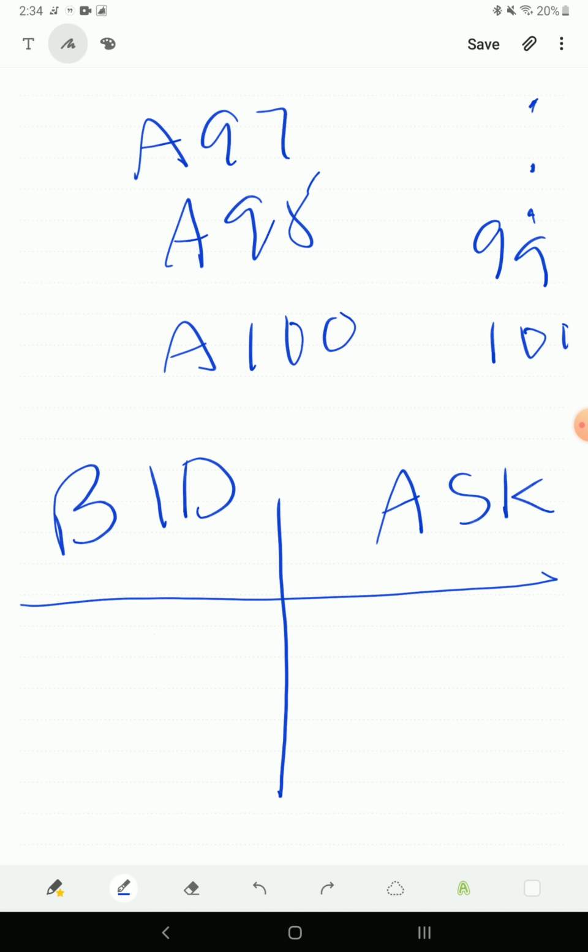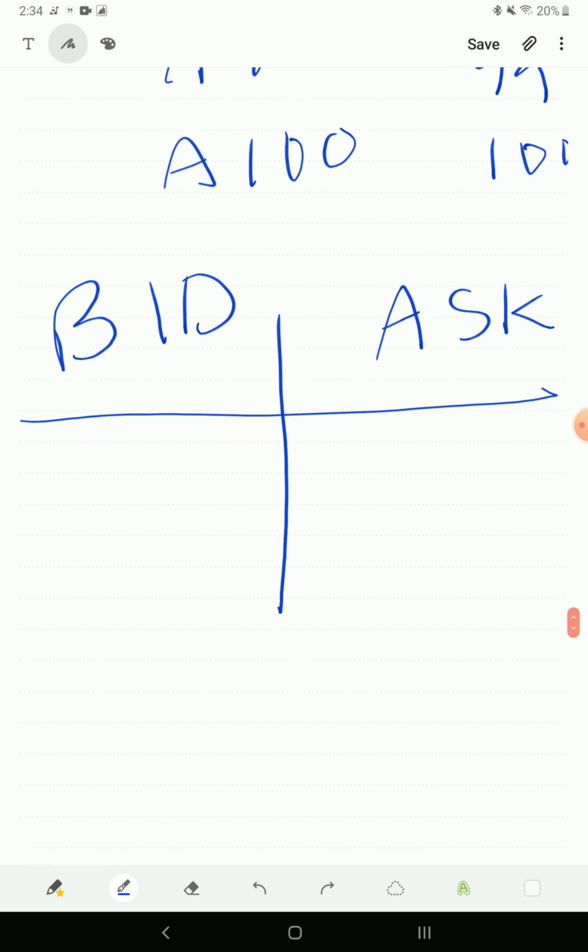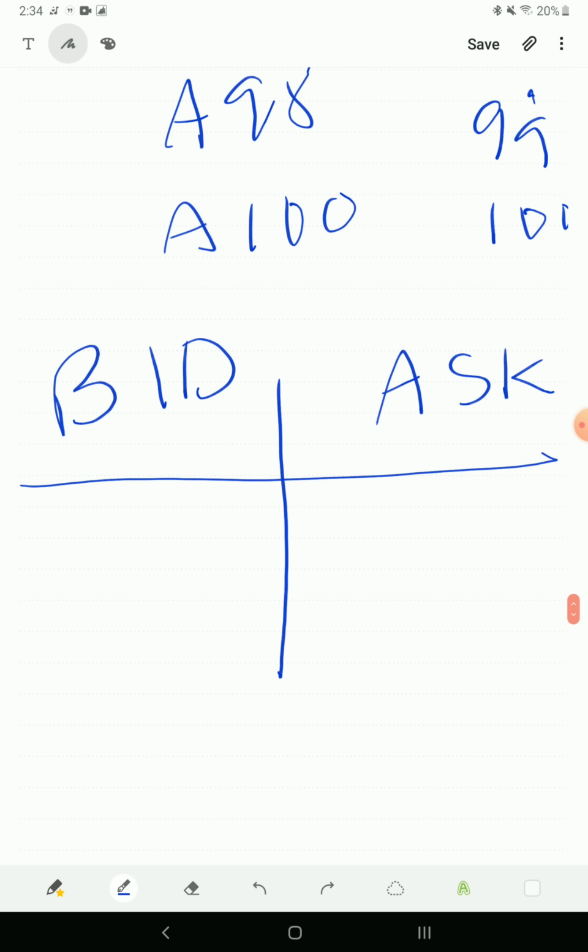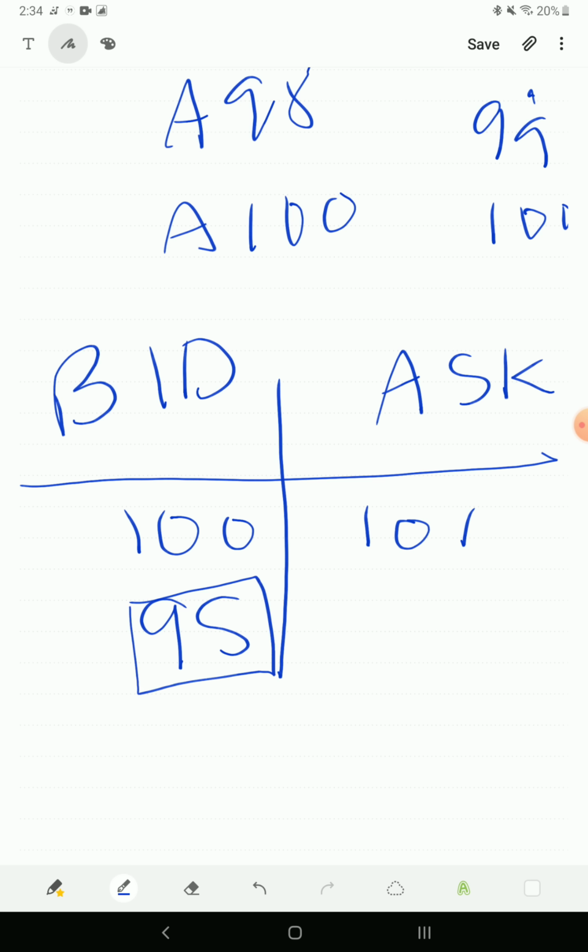Then you've got a stop loss, or a stop limit, where, let's just say, if it drops below 100 and you're at 101, you automatically set up a limit at a price of 95. That's going to be your limit.